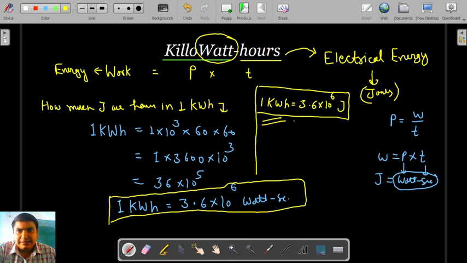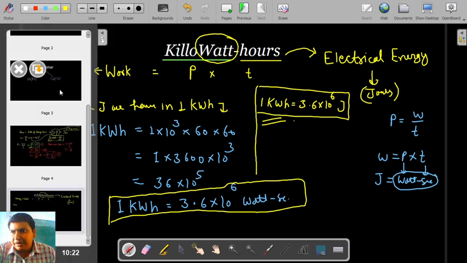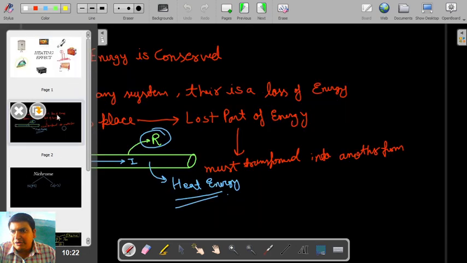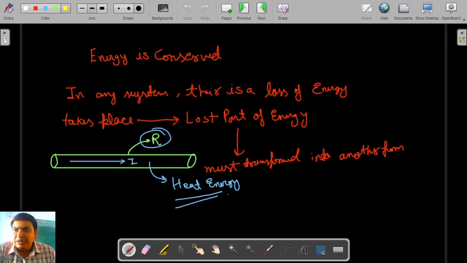I hope that in this lecture we have covered the last remaining topics of electric current. One more time, let us discuss the heating effect of electric current. The heating effect is due to the resistance present in the wire, due to which electrical energy is lost, and that lost energy is converted into heat energy.